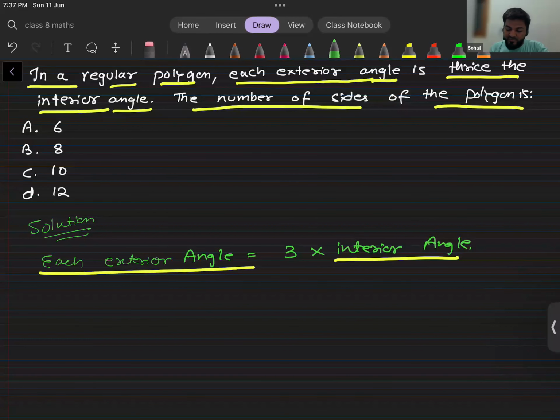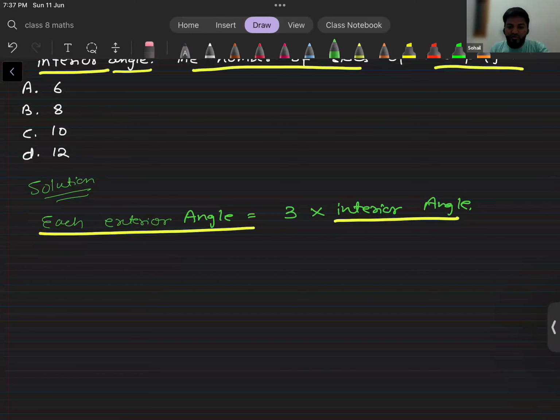Now, next, as we already know, how do we calculate the exterior angle? 180 minus interior angle, right? So the exterior angle is basically 180 degrees minus interior angle.